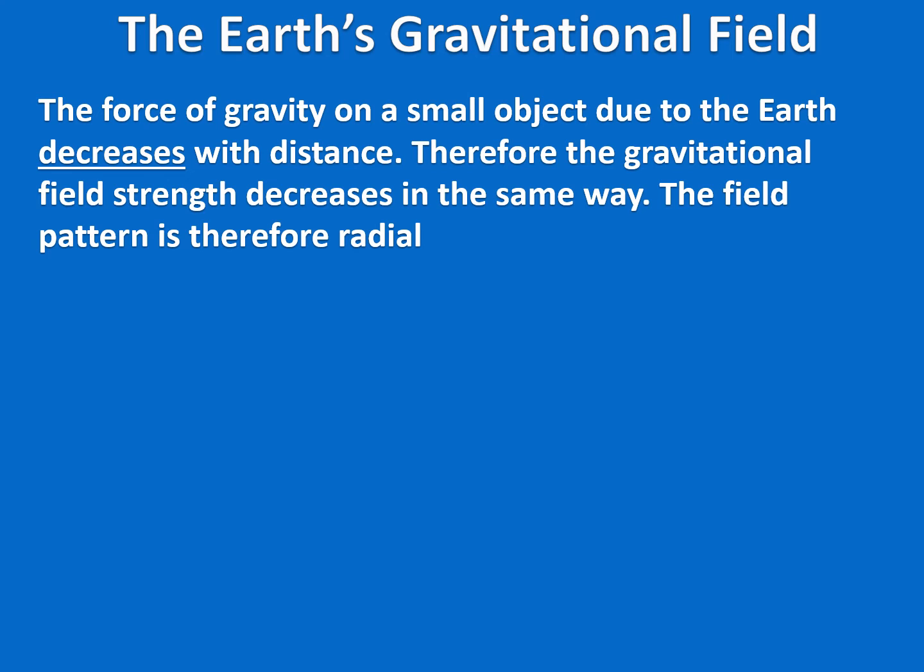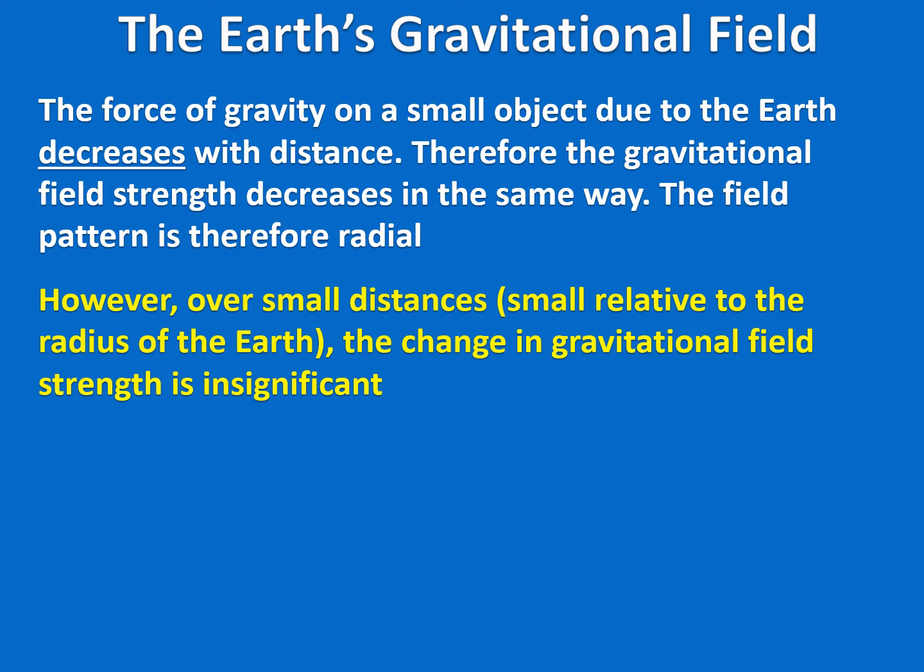But over small distances, we can consider the field to be uniform. So that change is insignificant, very small relative to the radius of the Earth. We consider it to be uniform, and we use a value of 9.81 meters per second squared, or newtons per kilogram.